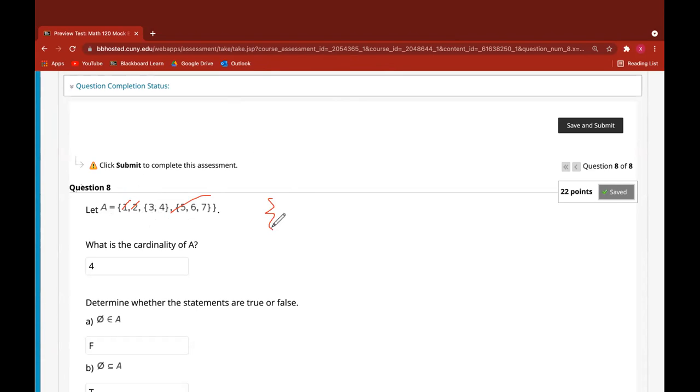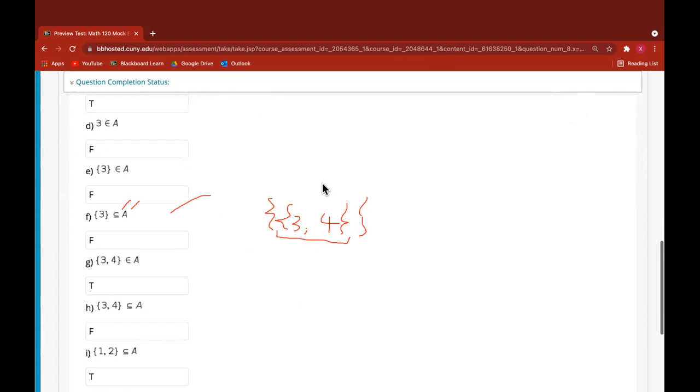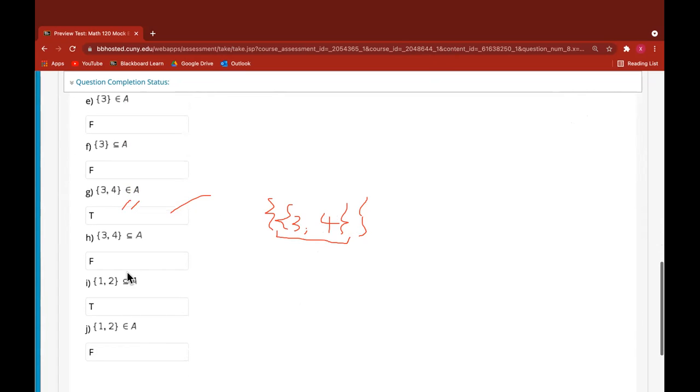You will have a set containing the element 3 and 4. So this will be the subset. We see that it will be the set where the element is a set containing 3 and 4. It's not the set containing 3 and 4. There's a difference between them. Here. Now do you see it?